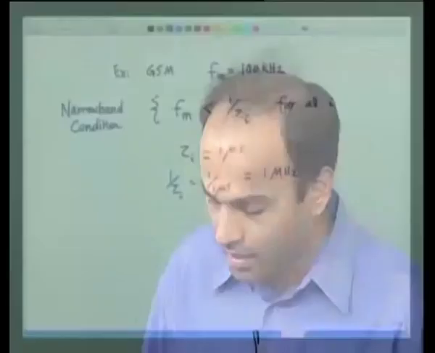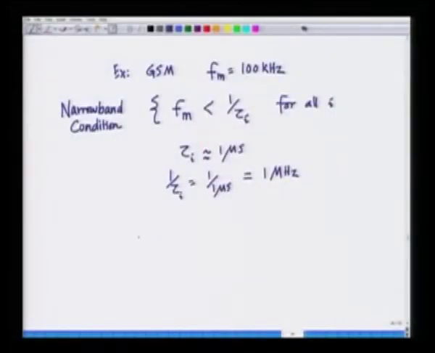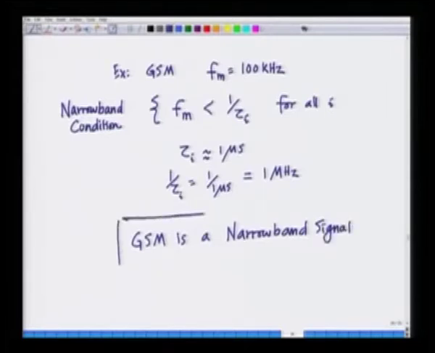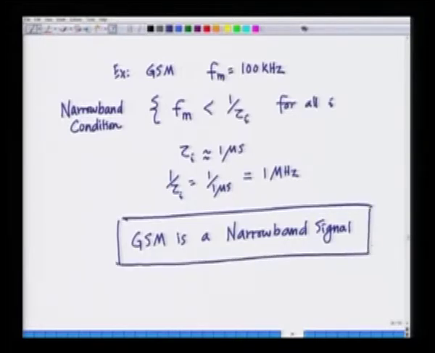So, this is a narrow band signal. What we mean is the transmitted GSM signal is a narrow band signal.